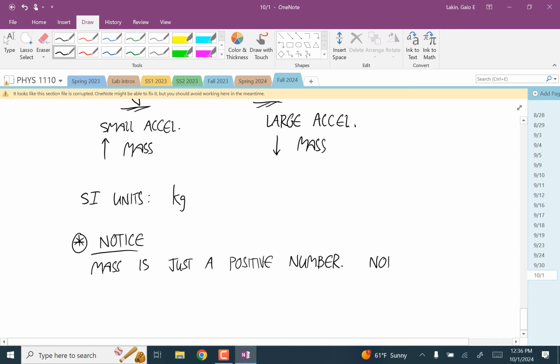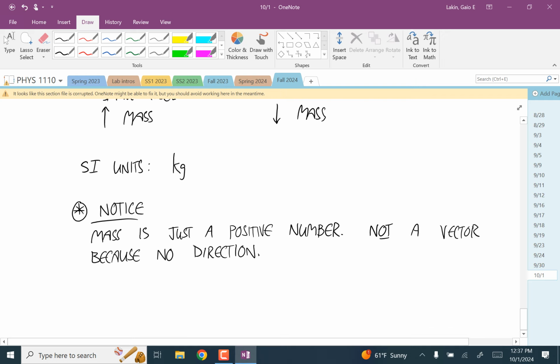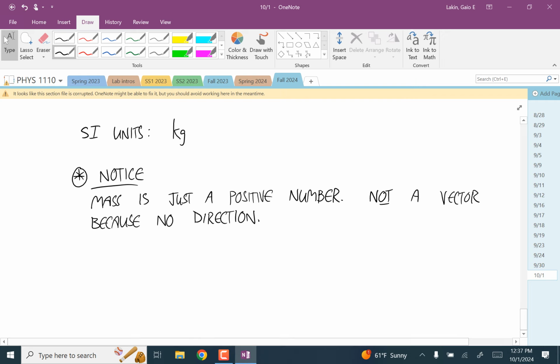So it's not a vector because it doesn't have any direction. Okay, so now that's pretty much all we have to say about mass, and now we're going to talk about what force is.